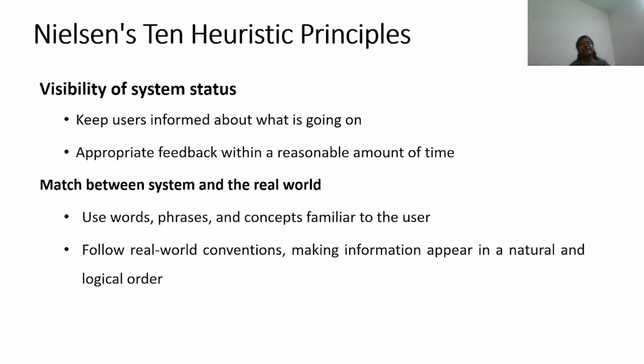Now we will discuss all these 10 Nielsen heuristic principles one by one. We will start with the visibility of system status.